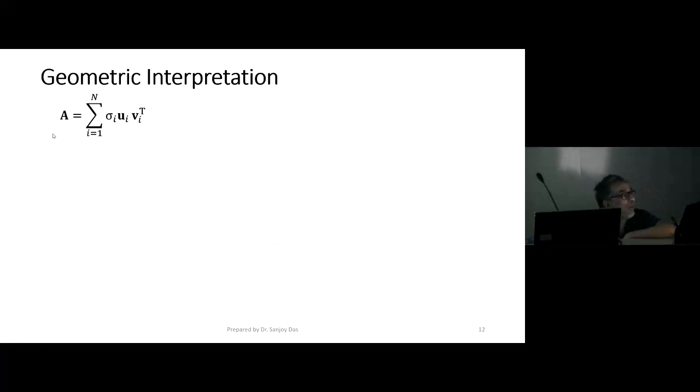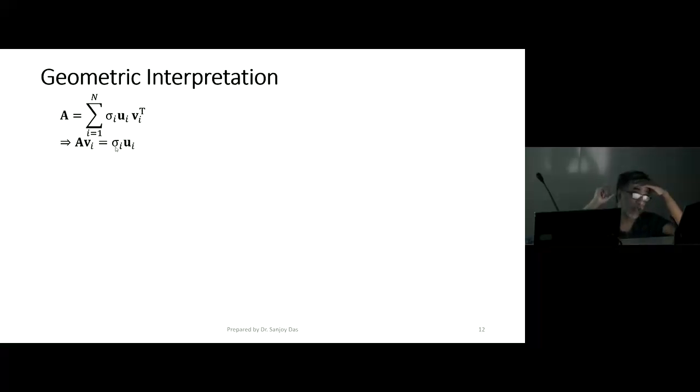Okay, now we have already seen this. A equals the summation of sigma i ui vi transpose. Post-multiplying both sides with vi, we have A vi equals sigma i ui. Kind of reminiscent of eigenvalues, eigenvectors, right? Except this would be v then, and in which case this would be lambda i, right?